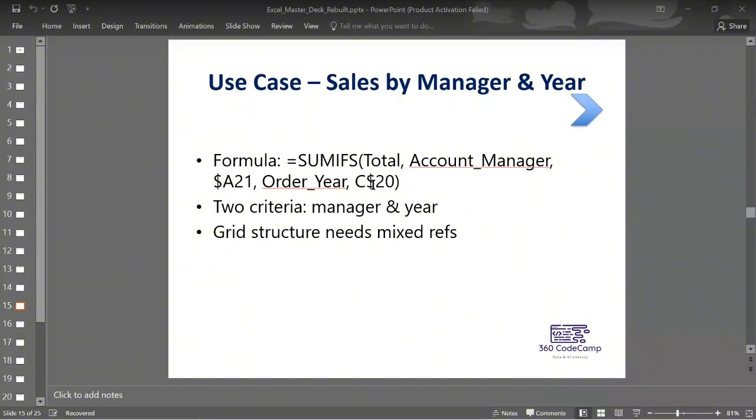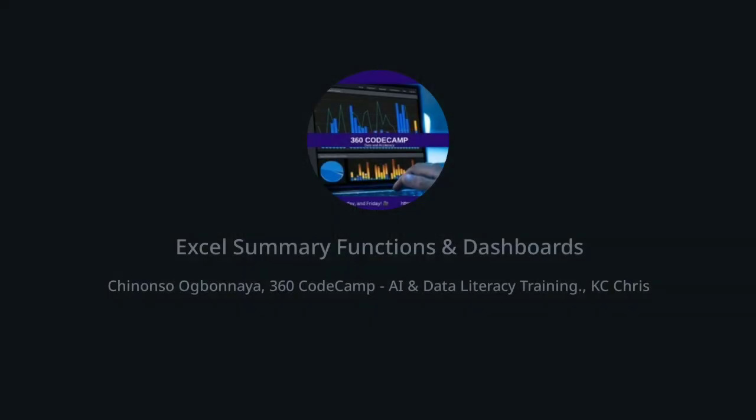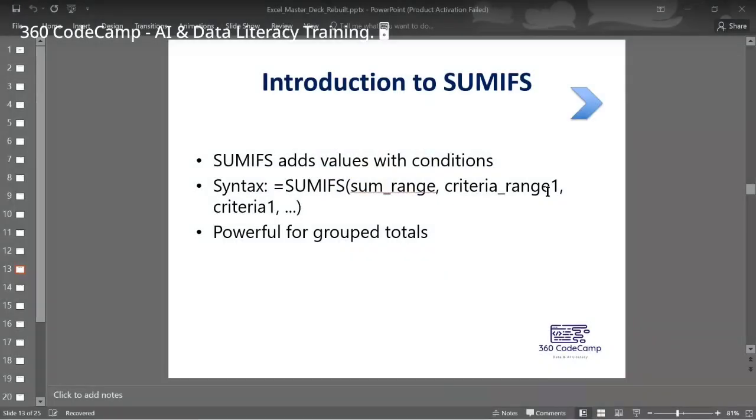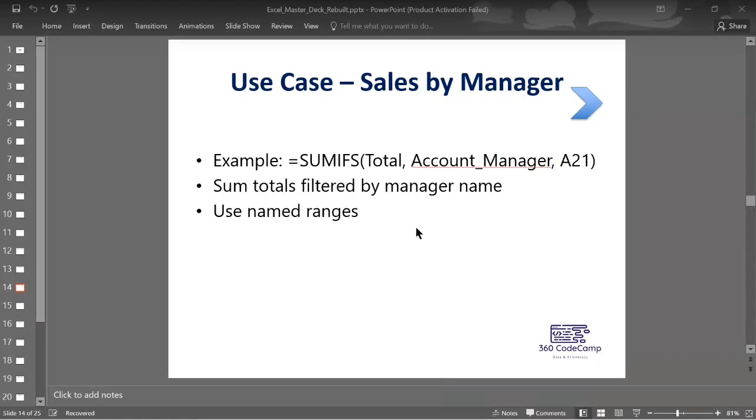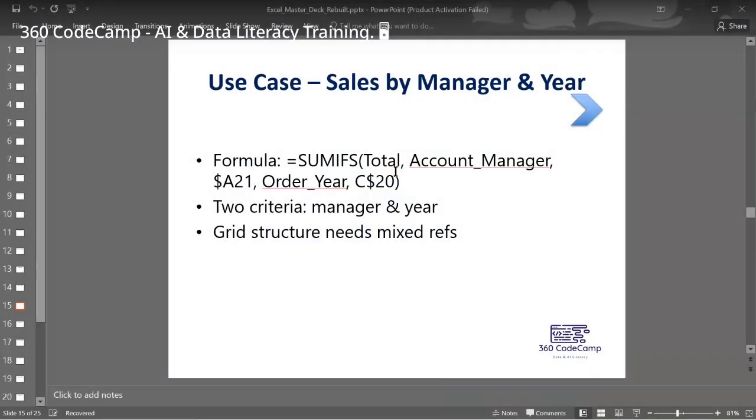This is the sum range, this is criteria range 1, then the criteria for it. Then criteria range 2, and the criteria for this criteria range 2. Two criteria, manager and year.